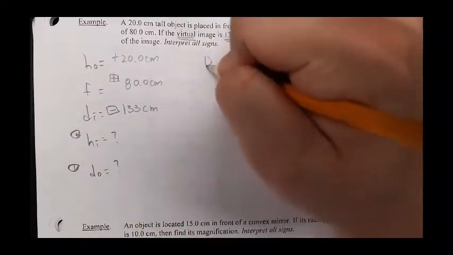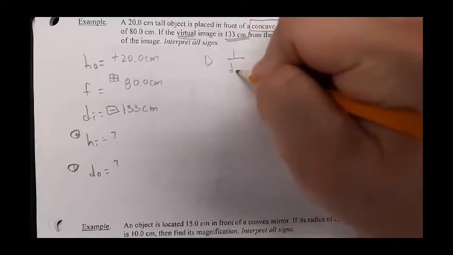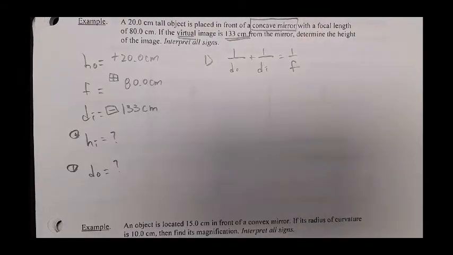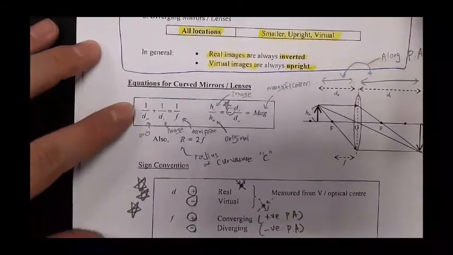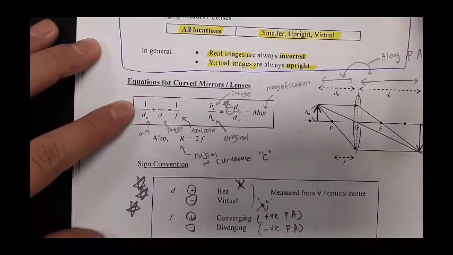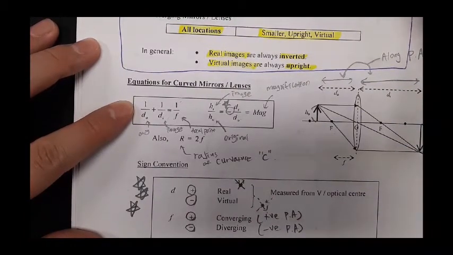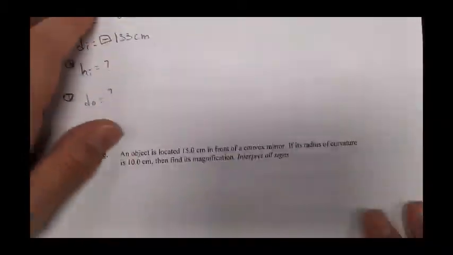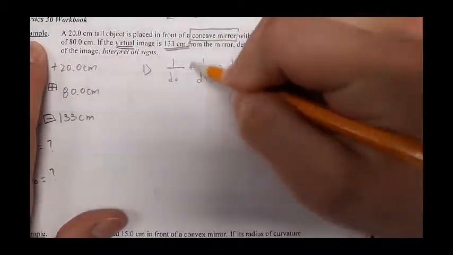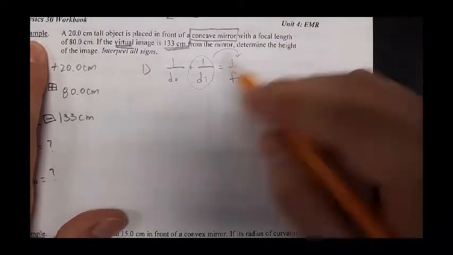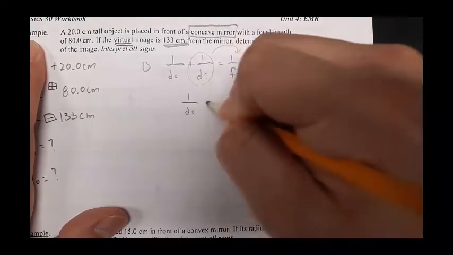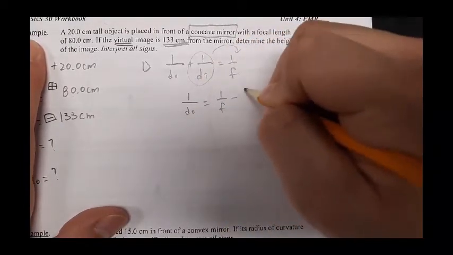To find DO, you need to use the first formula, which is what you see over here: 1 over DO plus 1 over DI is equal to 1 over f, and we are isolating for DO. So subtract this on both sides, or move this to the other side by subtracting. 1 over DO is equal to 1 over f minus 1 over DI.